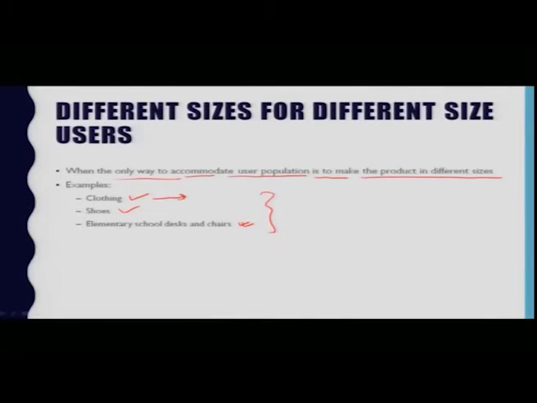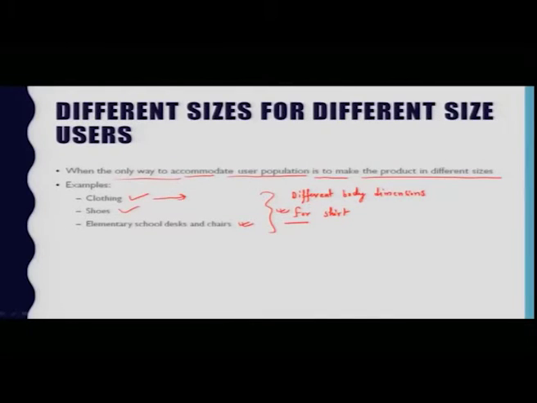So, let us say in case of clothing, different body dimensions are there. If you think for a while, let us say for a shirt, this is a very basic example that you can correlate, and you can easily find enormous real life examples which you can correlate with this situation.